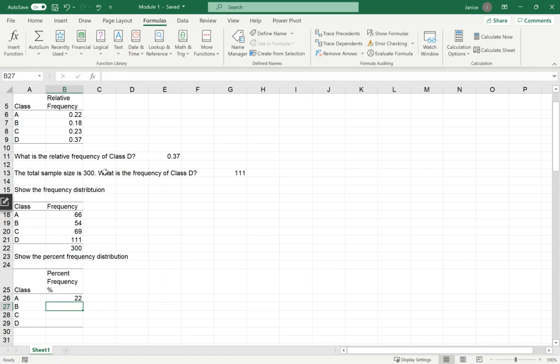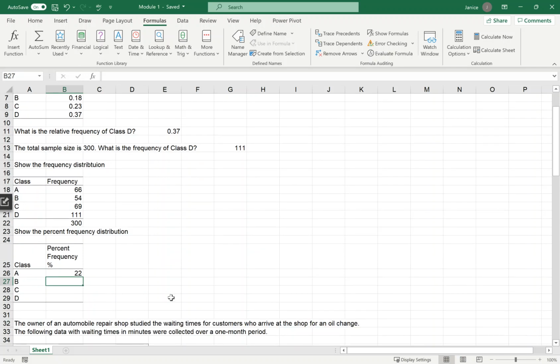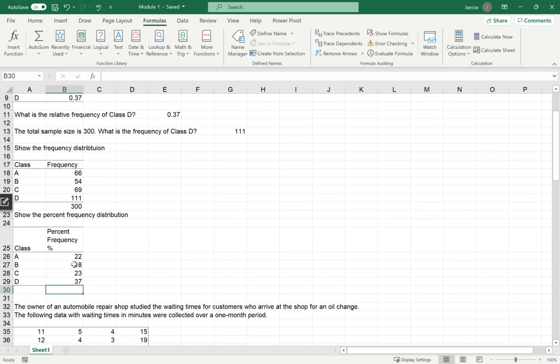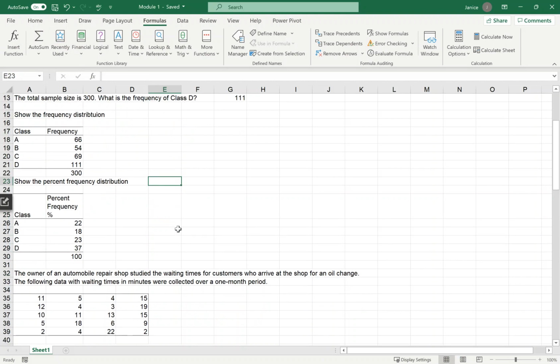When we have a simple case where we're doing 100%, we could just eyeball it and move our decimal over. But you might run into a situation where it might be a little more complicated than that, so you can just do it by division. So I'm just going to say it's 22%, 18%, 23%, and 37%. So this should equal 100, and it does.